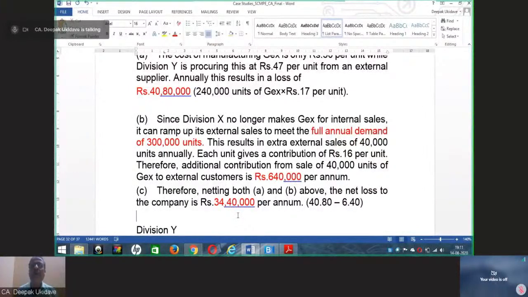So in this chapter on transfer pricing, always maintain the focus, and particularly in strategic cost management, when you are solving such lengthy questions in costing, you have to have focused attention and control. I always do like this, control over each and every figure. So this is the 34,40,000 analysis of profitability from the company's point of view.